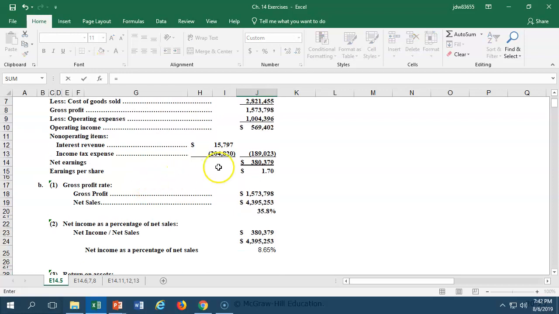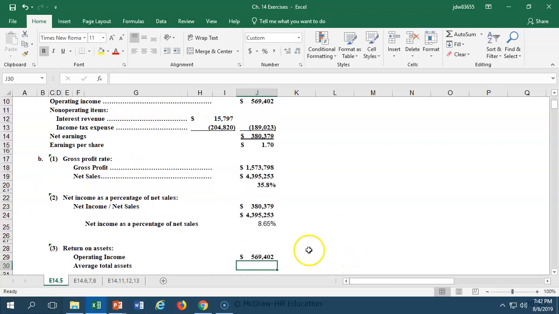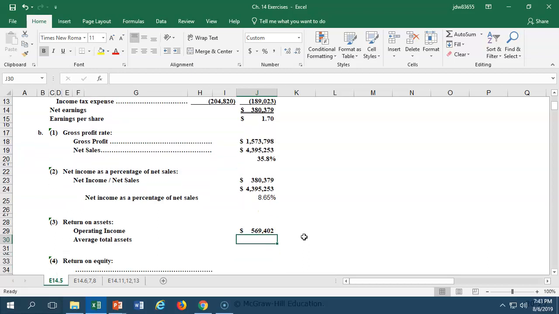Did it give that number for average? It gave that info. You see it in the textbook. It said average total assets is 2.575 million.